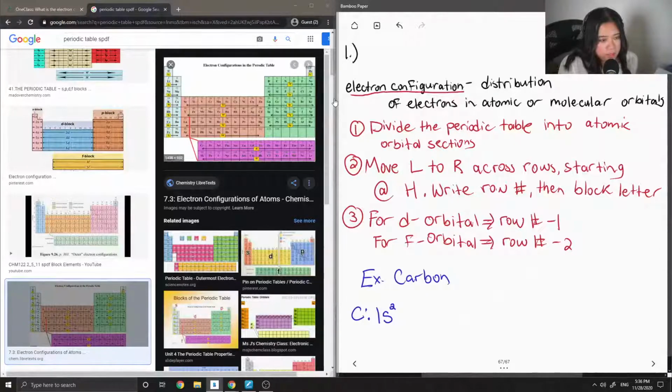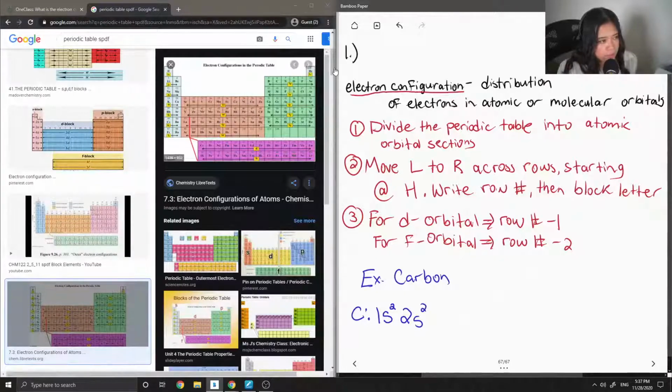So you can think about each extra electron as one of the numbers in the superscript. Okay, so 1s2, and then going to row number 2, it's going to be 2s2.